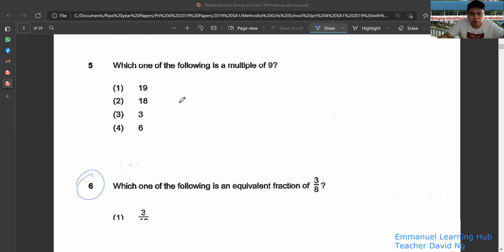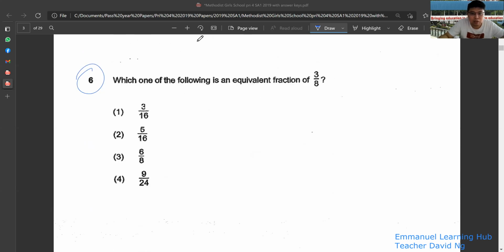Okay, let's move on. Question 6. Which one of the following is an equivalent fraction of 3 over 8? Okay, 3 over 8. Let's say I want to change it to base 16. What must I do?